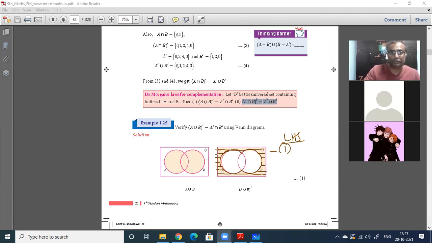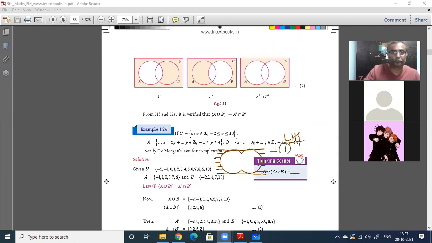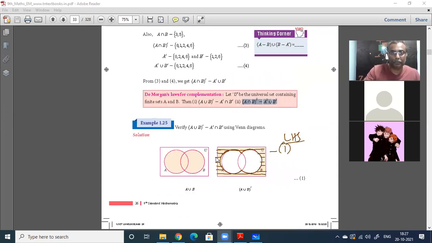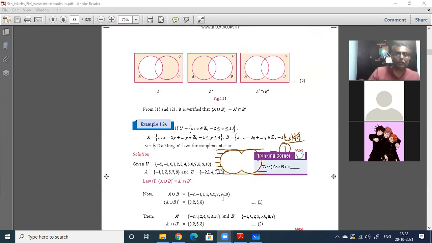Now let us go on to the right hand side. What is it we have to prove? A union B, A complement and B complement. What is A complement? A complement is everything other than A. So this whole area is A complement.